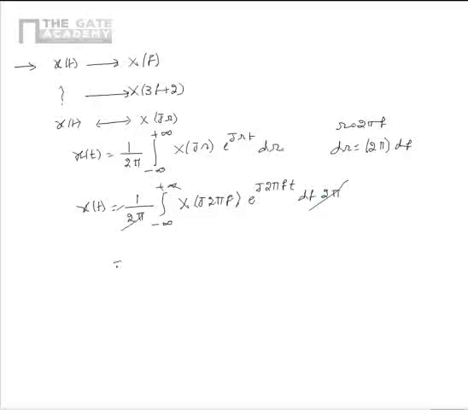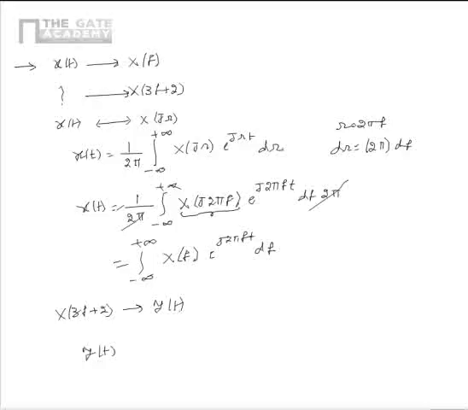So this finally boils down to the integral minus infinity to plus infinity of X of f e power j 2 pi f t df, upon writing X of j 2 pi f as X of f. Now we have to find the inverse Fourier transform of capital X of 3f plus 2. Let it be y of t.